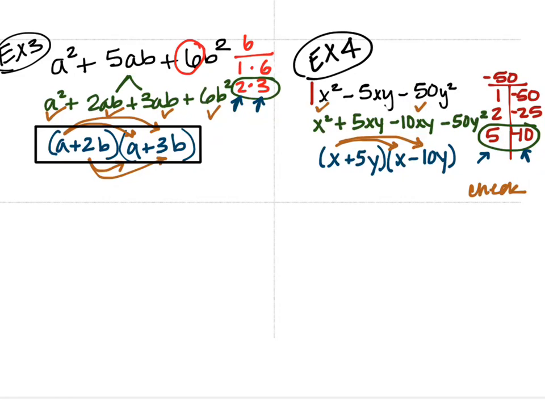So x times x is in fact x squared, and x times negative 10y is negative 10xy. The next step is to multiply 5y times x, and I get that, and 5y times negative 10y. So that gives me, in fact, the negative 50y squared that I'm looking for. So it does check out.